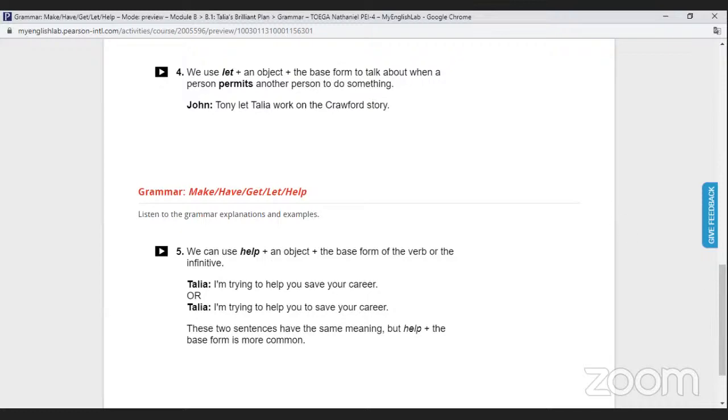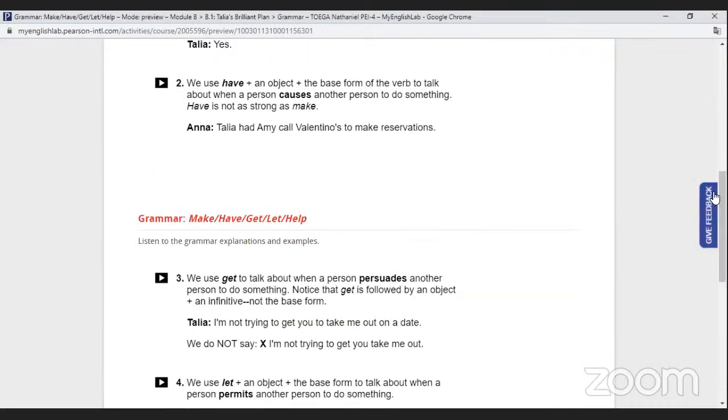It doesn't have to follow the infinitive to. With get, don't forget, an infinitive form. In this case, you are going to write to again. Okay, what else?